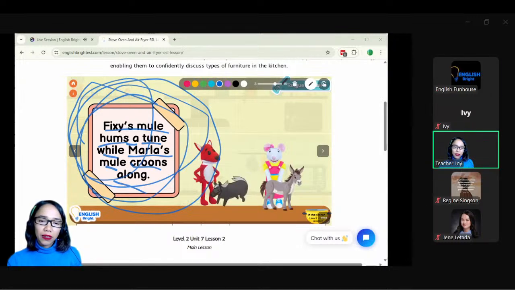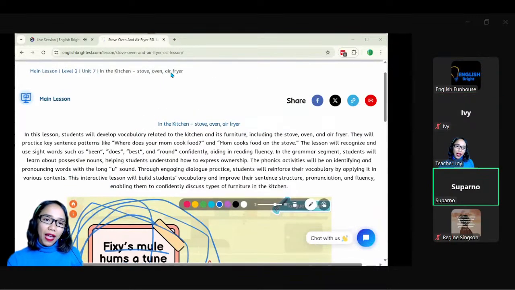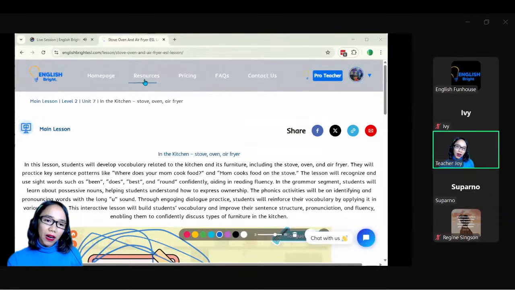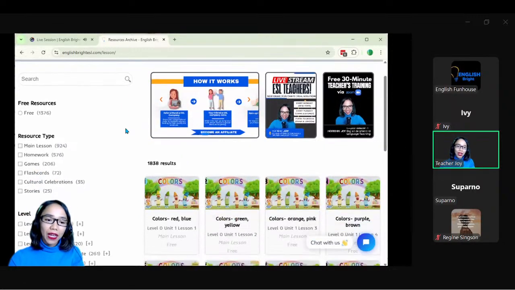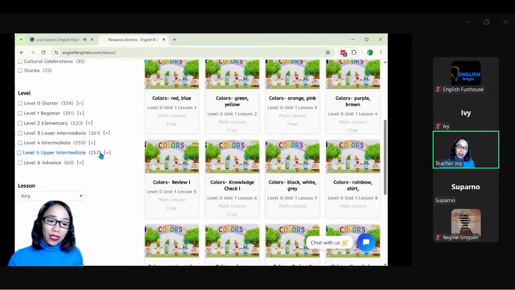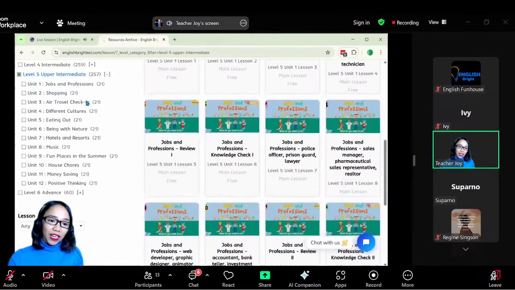Class. Okay. Do you have any materials for adults? For adults, we don't have specifically materials for adults yet, but we are going to do that. Right now, what you can do is go to level 5. I'm going to show you why this can be used for adults.